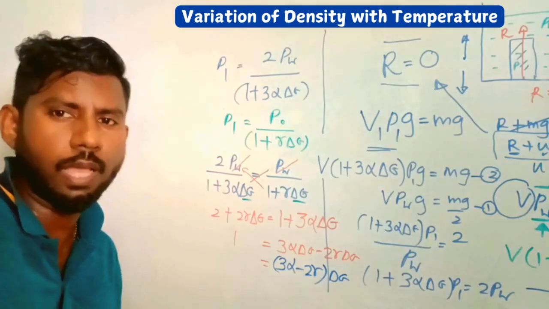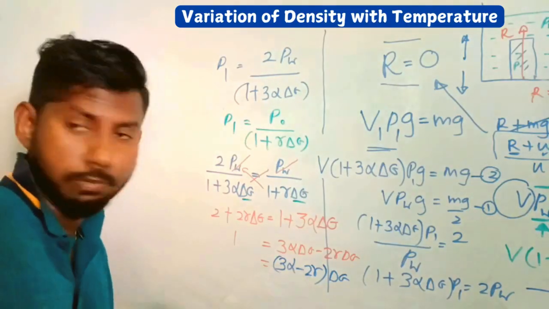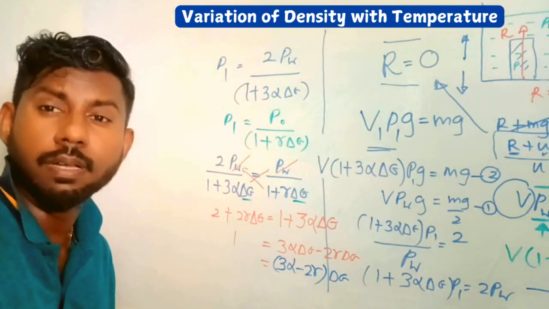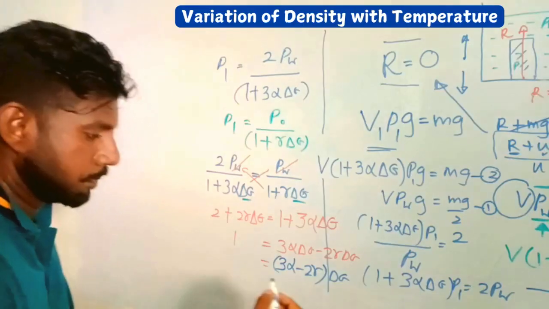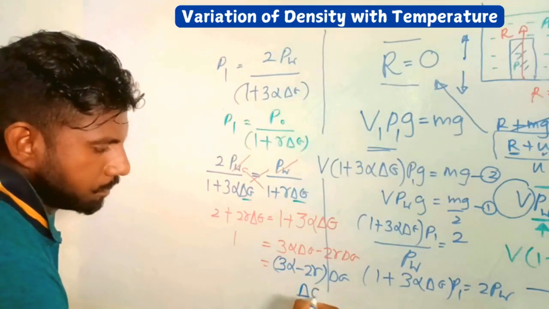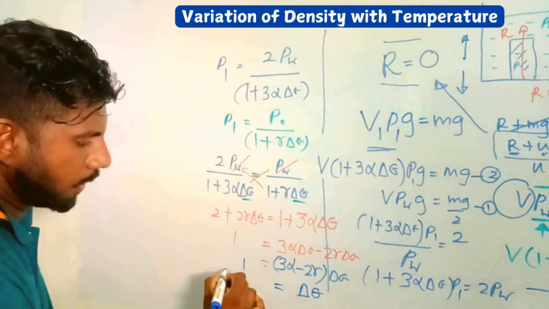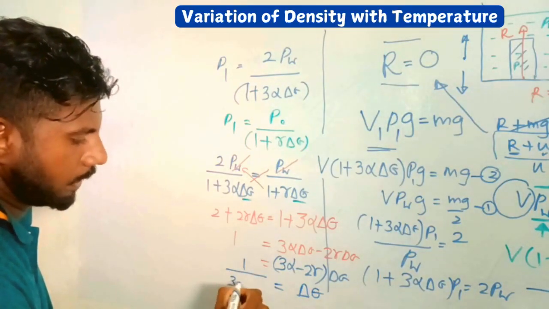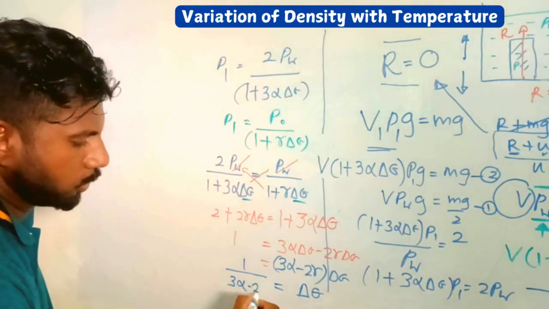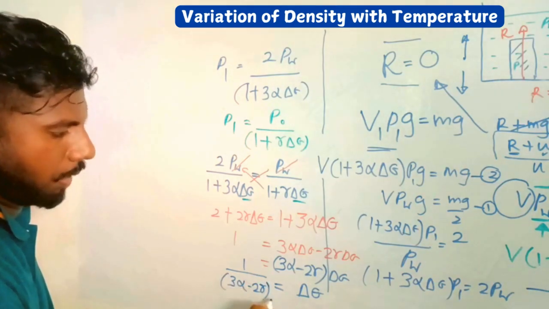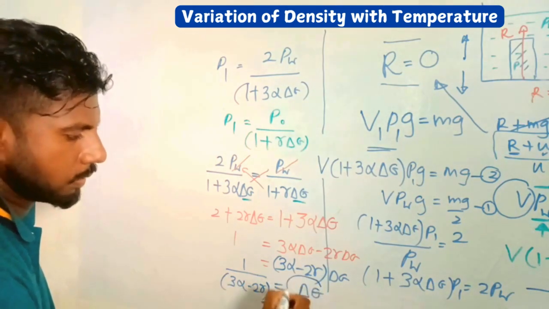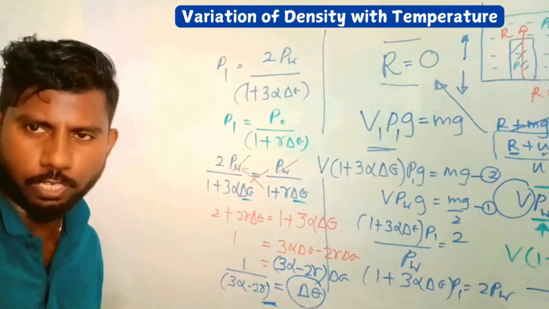You must have this mathematical ability to make certain values the subject of an equation. So here, delta theta equals 1 divided by 3 alpha minus 2 gamma. That is our temperature change.